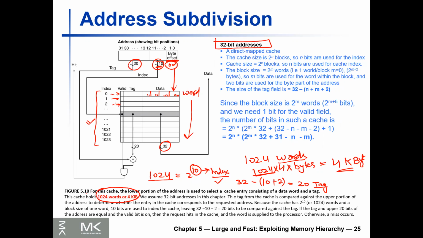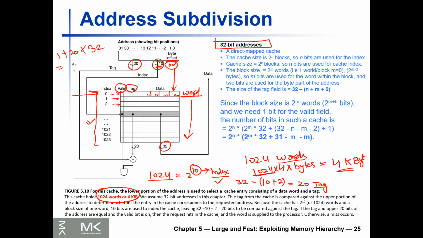But girls, if you look at this block, are we storing only the word here, or are we storing other information as well? If you look in each block, how many bits are you storing in actual? Are we storing the tag also, other than the word data? Yes. And 1 bit for the valid. So if I ask you how much total in each column, you will say, sir, 1 bit for the valid, 20 bits for the tag, and 32 bits for the data.